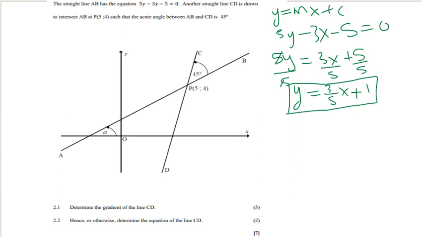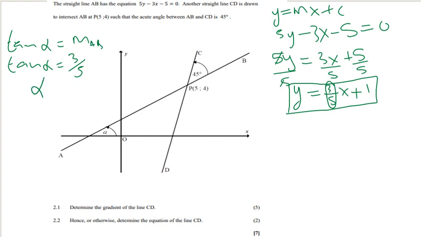Finding the value of alpha, we know the gradient of this line AB is equal to 3 over 5. So tan alpha is equal to m, tan alpha is equal to 3 over 5. Let me say m_AB.